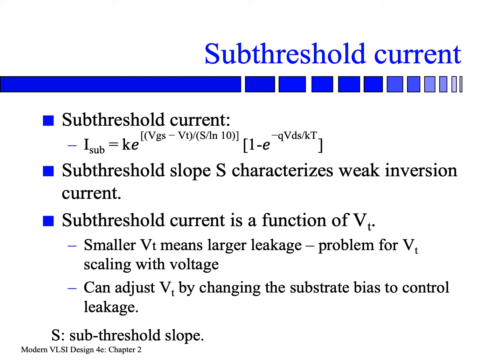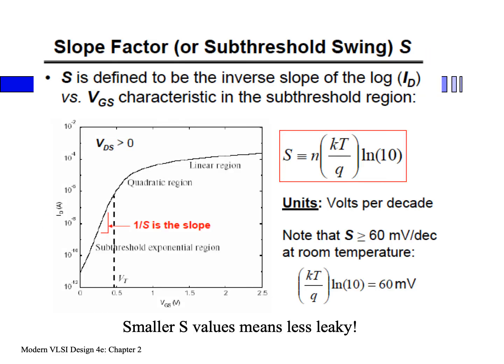Here, S is actually called the slope factor, which conceptually defines the slope of how the leakage goes down. The slope is 1 over S. So if you have a smaller S, that means you have a larger 1 over S.